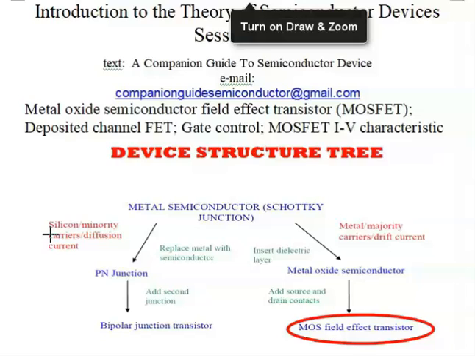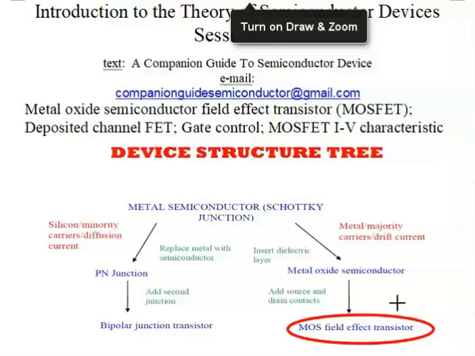In today's session, we're going to start our new topic, the metal oxide semiconductor field effect transistor, affectionately known as the MOSFET. And we're going to start off with a generic field effect transistor, specifically the deposited channel field effect transistor. The MOSFET is a transistor where the conductive channel is formed by inversion.